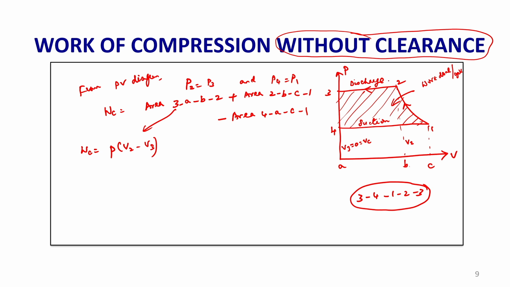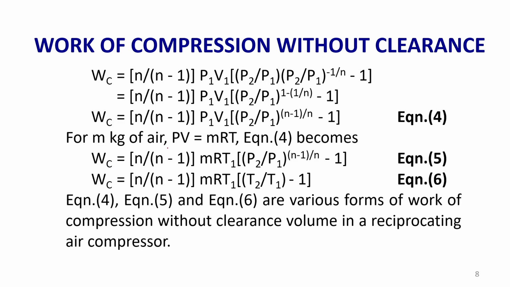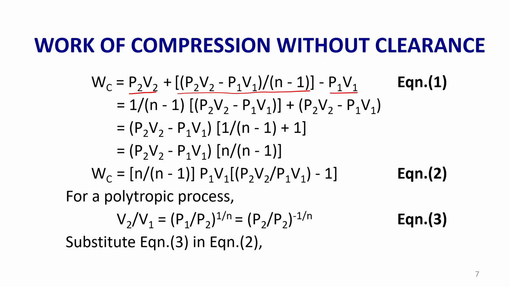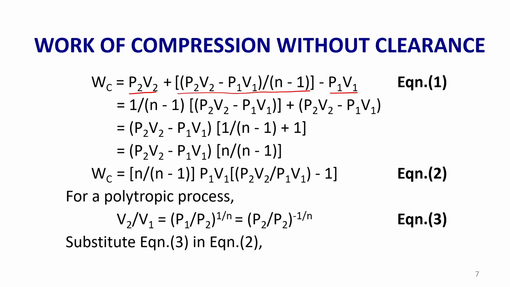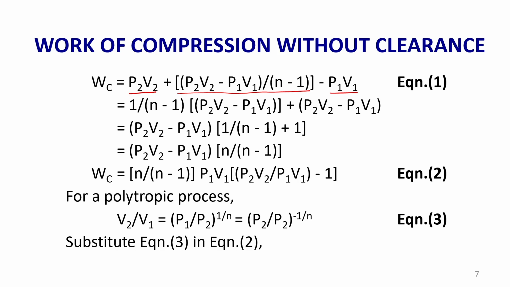Next, 2BC1, this is the actual compression process, that is 1 to 2. We have taken a polytropic process, so gamma will be replaced by n. So, PV to the power n is equal to constant. The work done during a polytropic process from the thermodynamic relation is (P2V2 minus P1V1) divided by n minus 1.